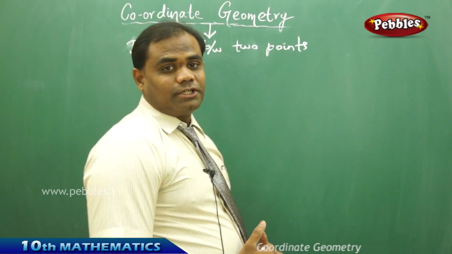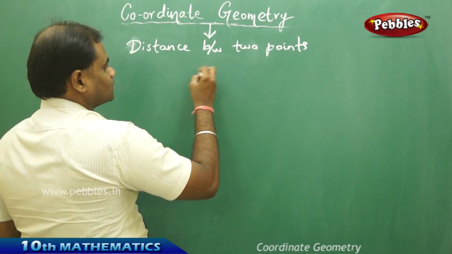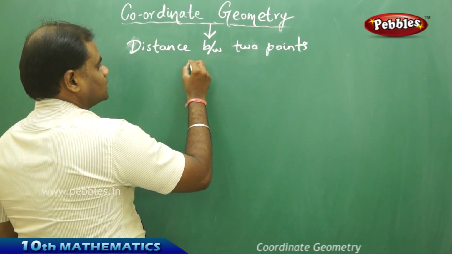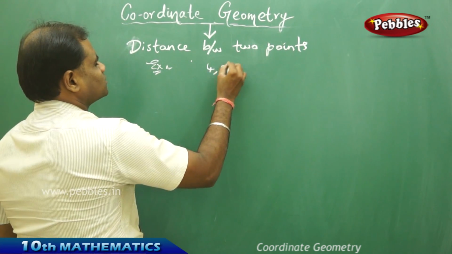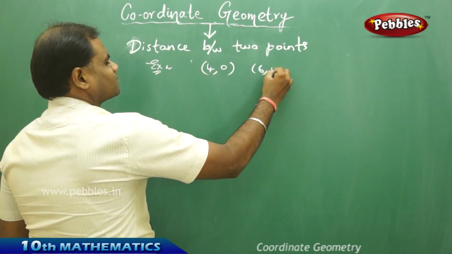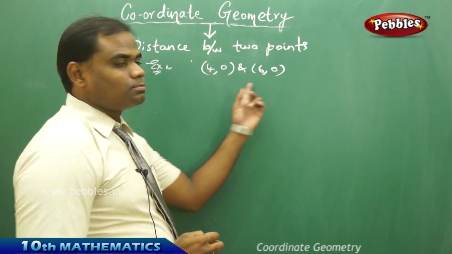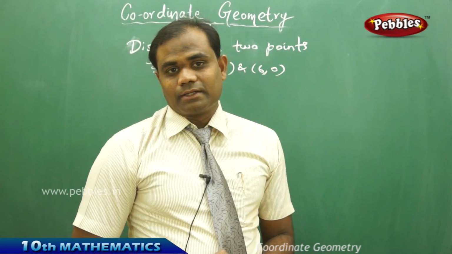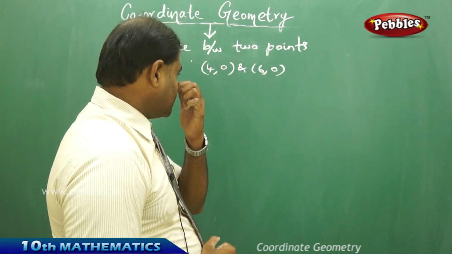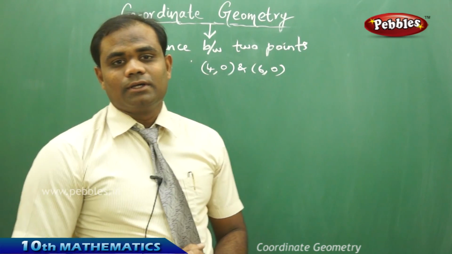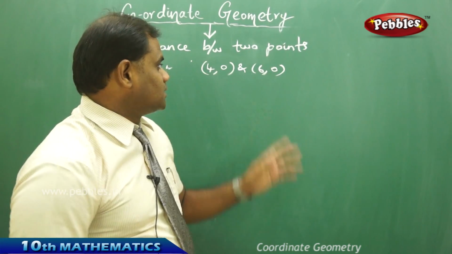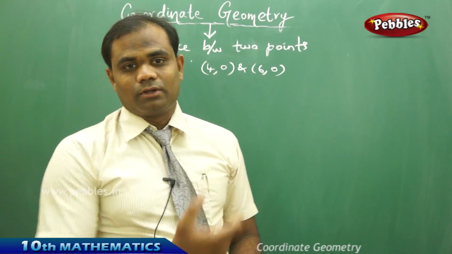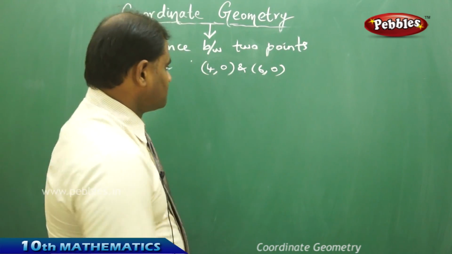Let me initially take the 2 points, say 4, 0 and 6, 0. Initially, I would like to plot them on the xy coordinate system and then identify the distance.